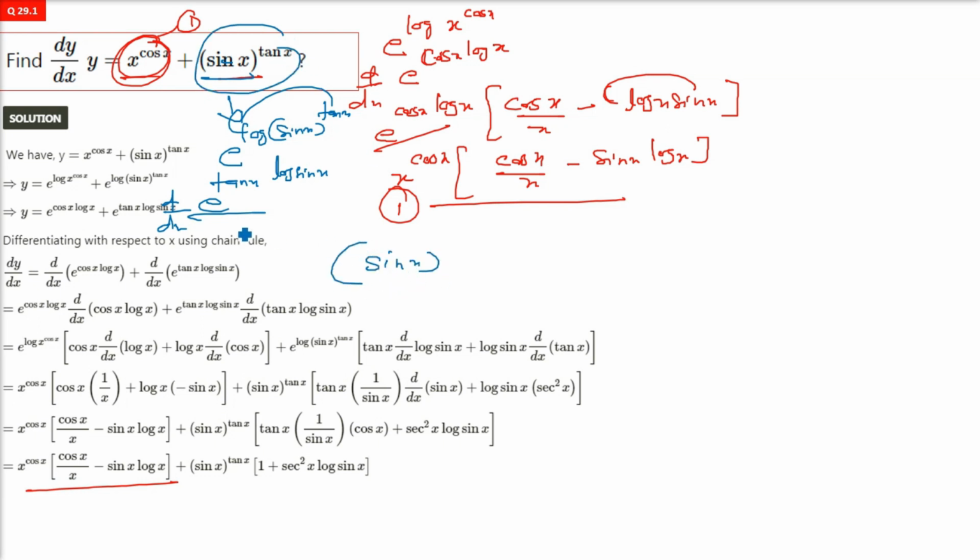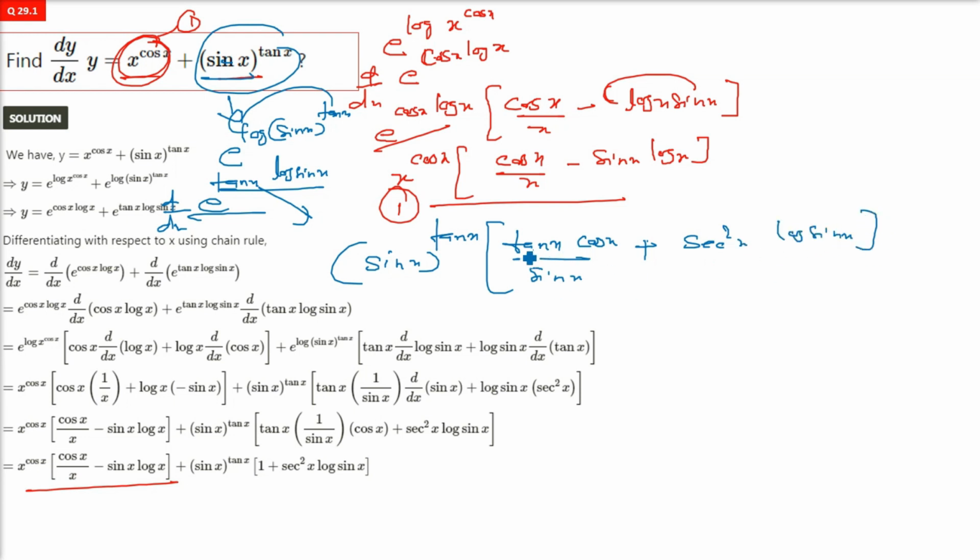Same thing, because these are the same thing, you know. I'm just reducing the steps. Sin x to the power tan x, and then we have tan x here, and this was sin x, and then cos x, plus, and then log sin x we are taking outside, the derivative of tan x will be sec square x. So sec square x log sin x.